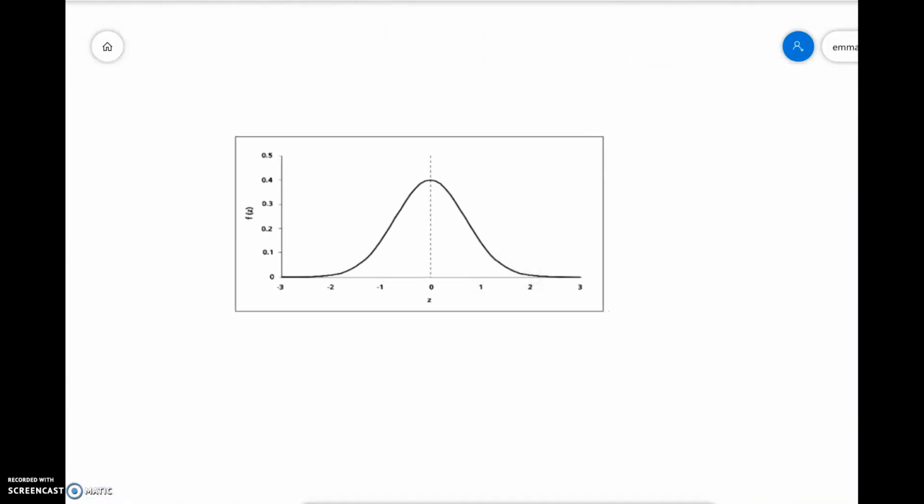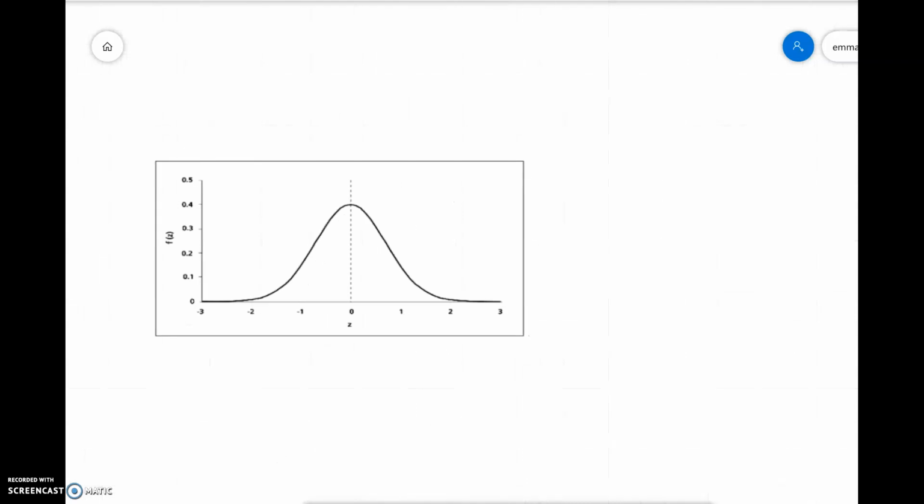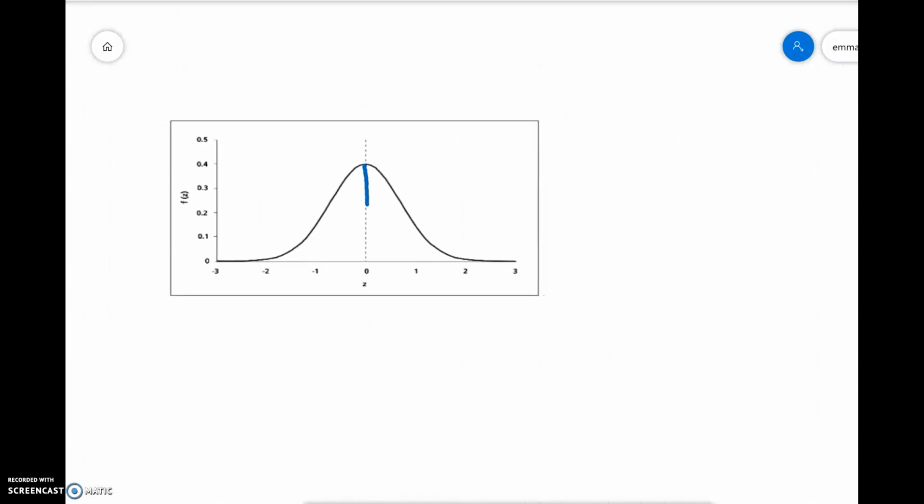Okay. For example, I'm talking about this area, this shaded region. I've shaded from z-score 0 all the way to 3, even 4, even longer.